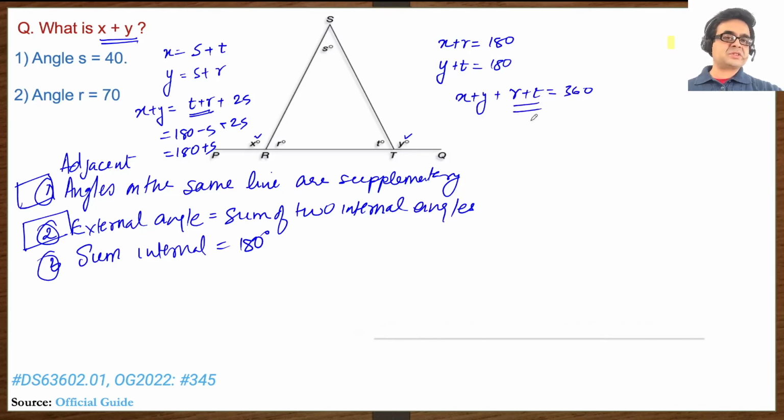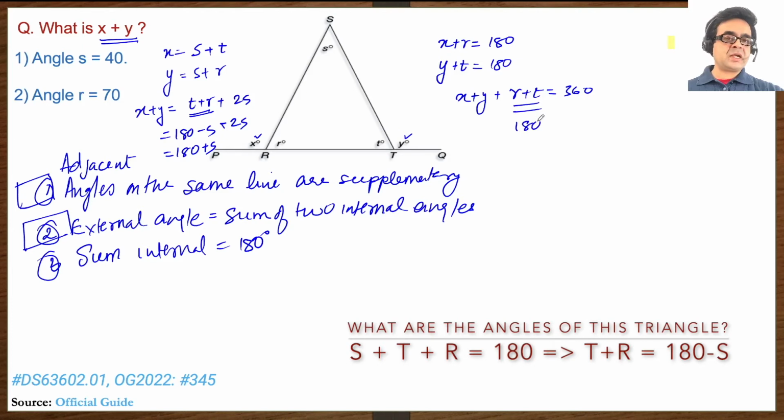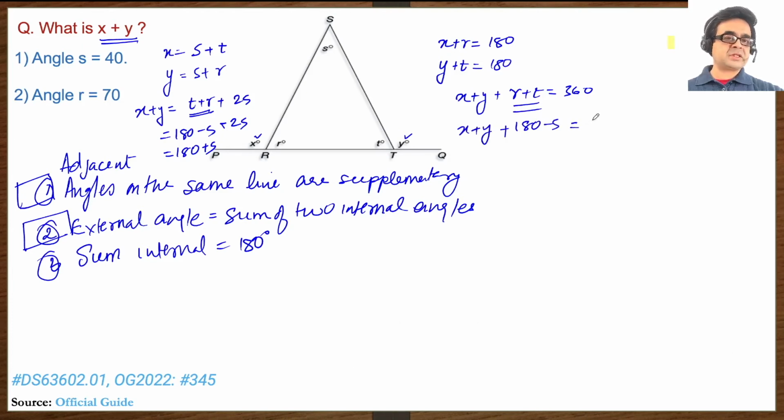And since r plus t is nothing but 180 minus s, you will get x plus y plus 180 minus s equals 360. You get the same result, that x plus y equals 180 plus s. So you could approach it either way, and both approaches are equivalent in terms of the time they are going to consume and the results you are going to get.